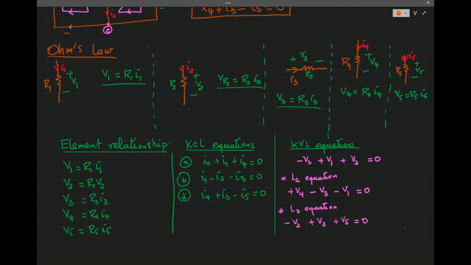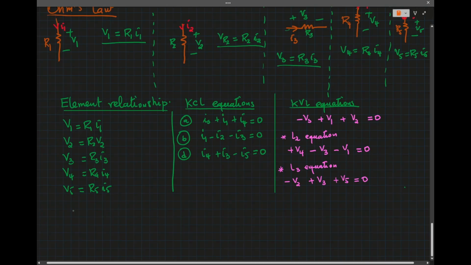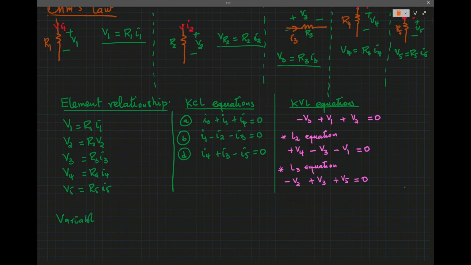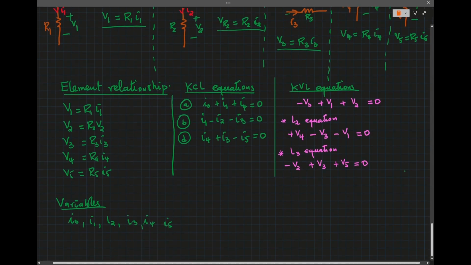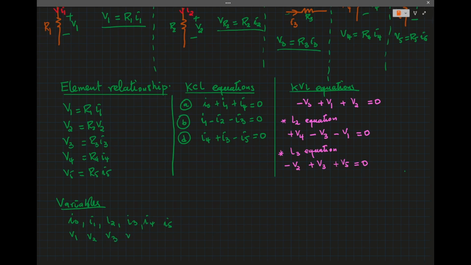So what are the variables that we have here? We have IS, I1, I2, I3, I4, I5, and then we have V1, V2, V3, V4, V5.